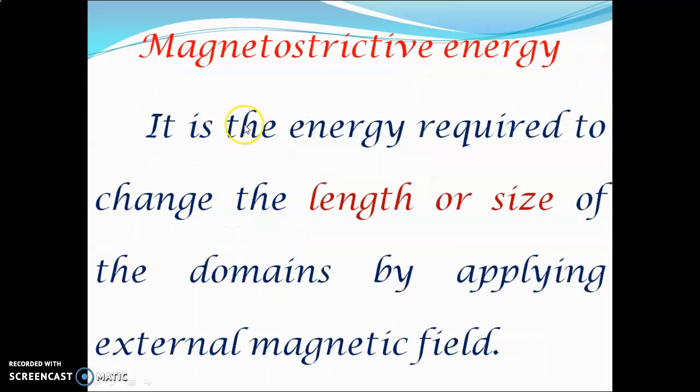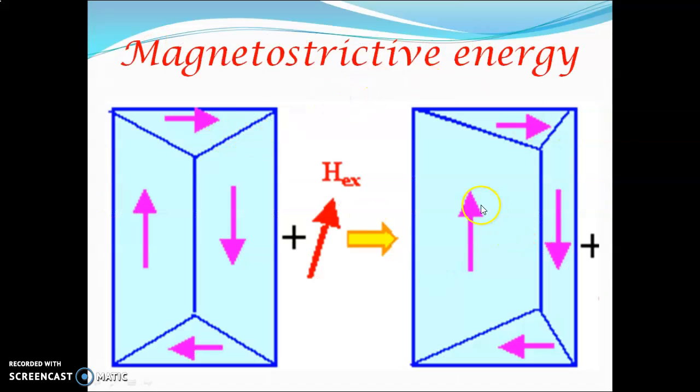Magnetostrictive energy is the energy required to change the length or size of the domain by applying an external field. When there is a change in domain length or size, that is called magnetostrictive energy.